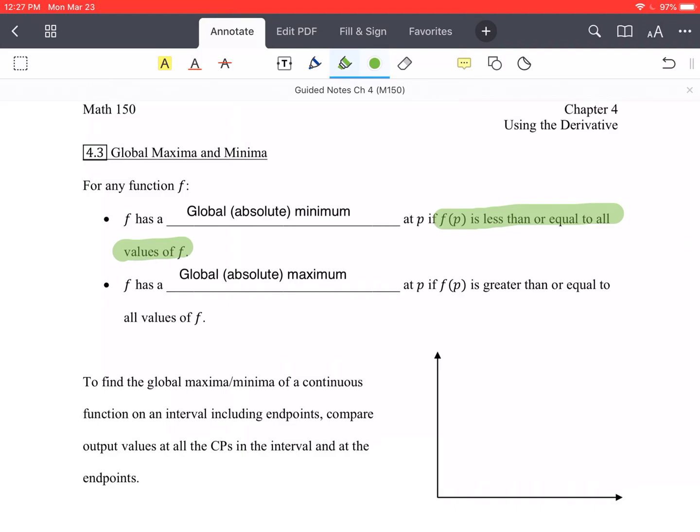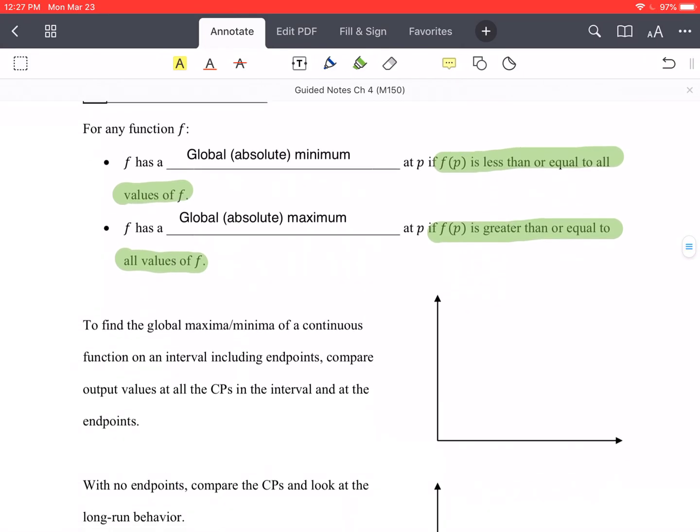It is the absolute smallest value on the entire function. Similarly, the global maximum at f of p is greater than or equal to all values of f. So that means the global maximum is bigger than any other value on the entire function, not just one small piece of it.